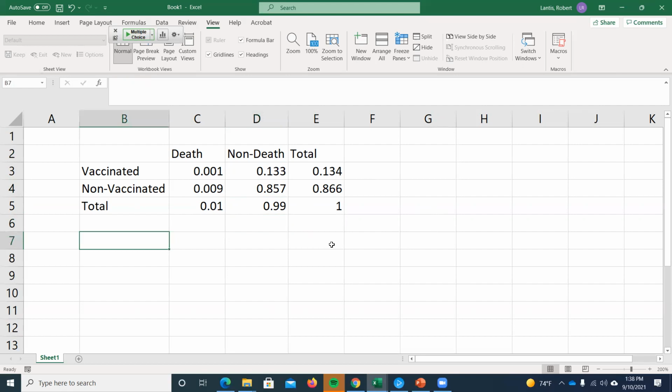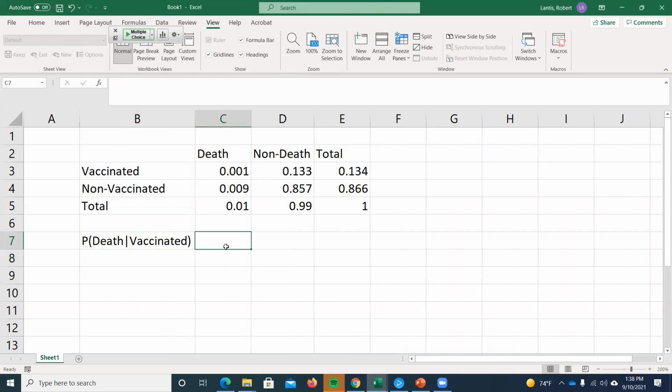Let's think about, what if I wanted the probability that someone dies given that they're vaccinated? Looking at individuals who have gotten COVID, given that the person is vaccinated, what's the probability that they die? I can rewrite this as the probability of death and vaccinated divided by the probability of whatever I'm conditioning on, which is that they were vaccinated.